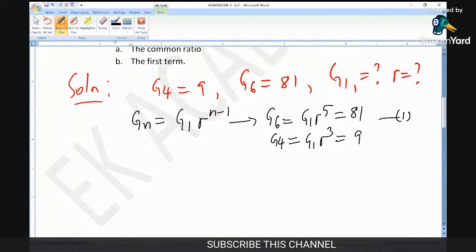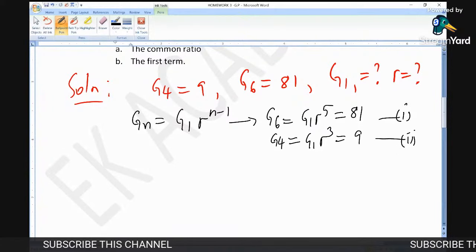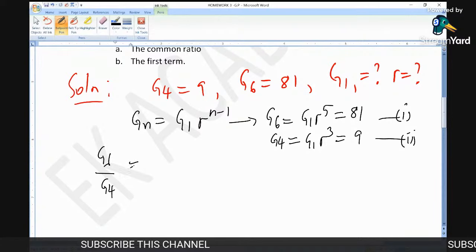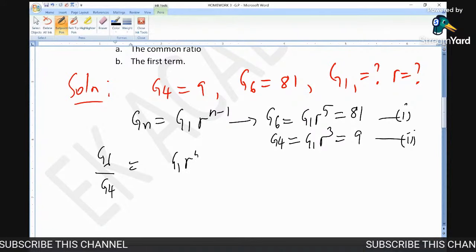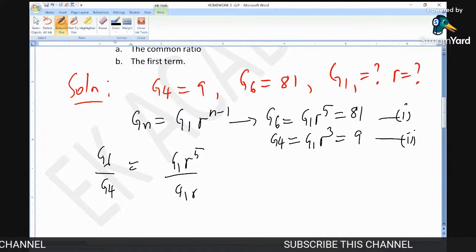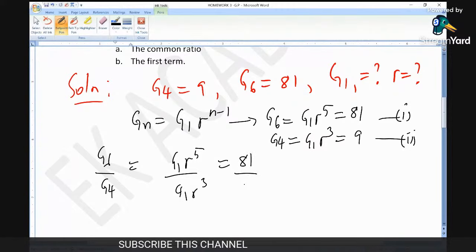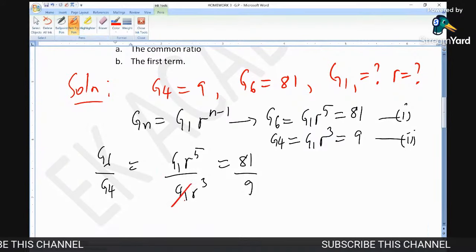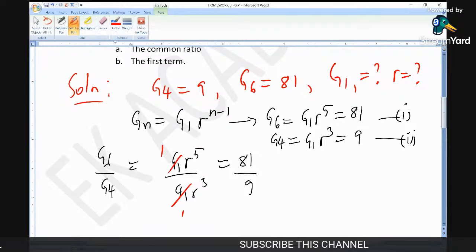We can say this is equation 1 and this is equation 2. I can divide equation 1 by equation 2. So G6 over G4 equals G1 r power 5 over G1 r power 3 equals 81 over 9.